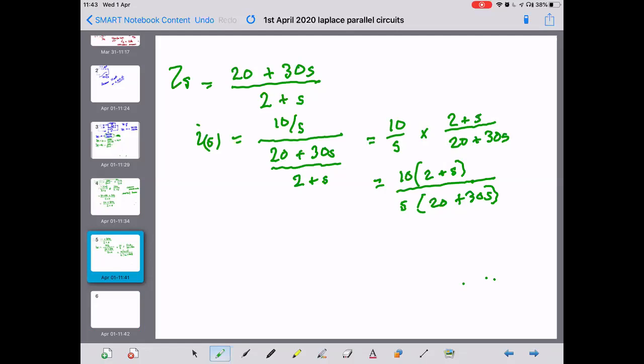We have to get it to look like something in a table as the ultimate.